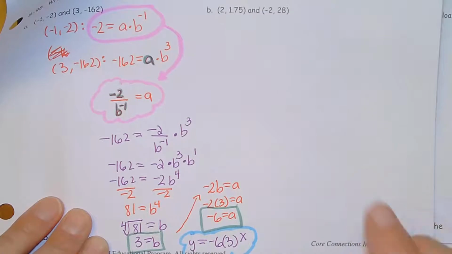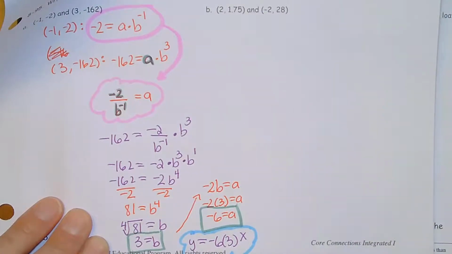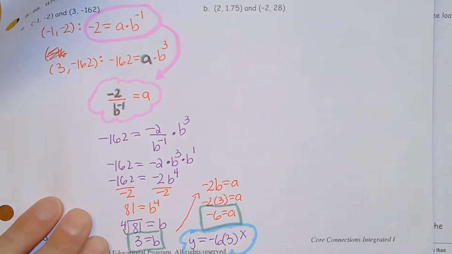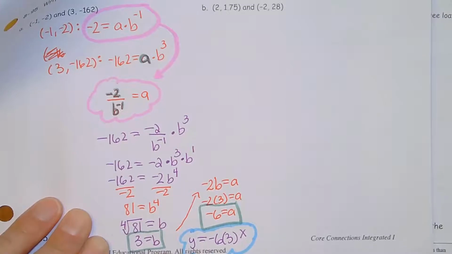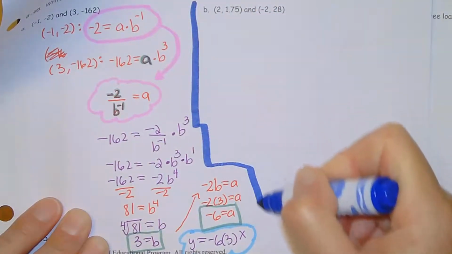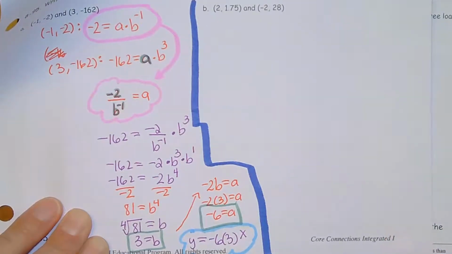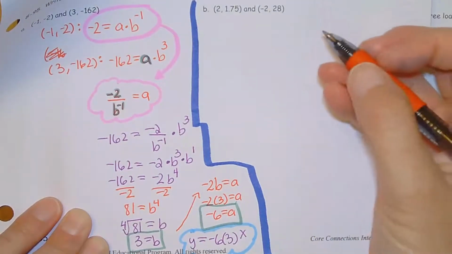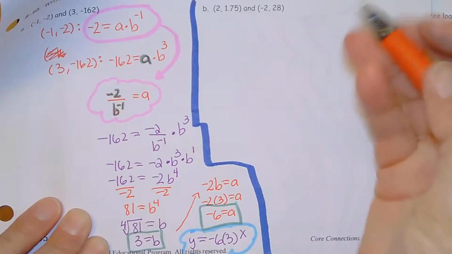Okay, so now let's go over b. And let me just draw a line here to separate these two. So what I'm going to do again is substitute these in.